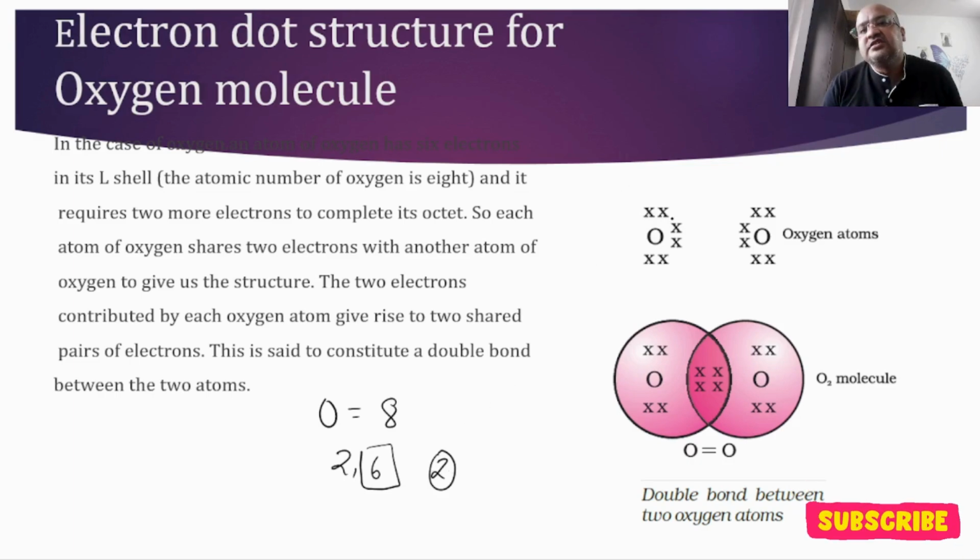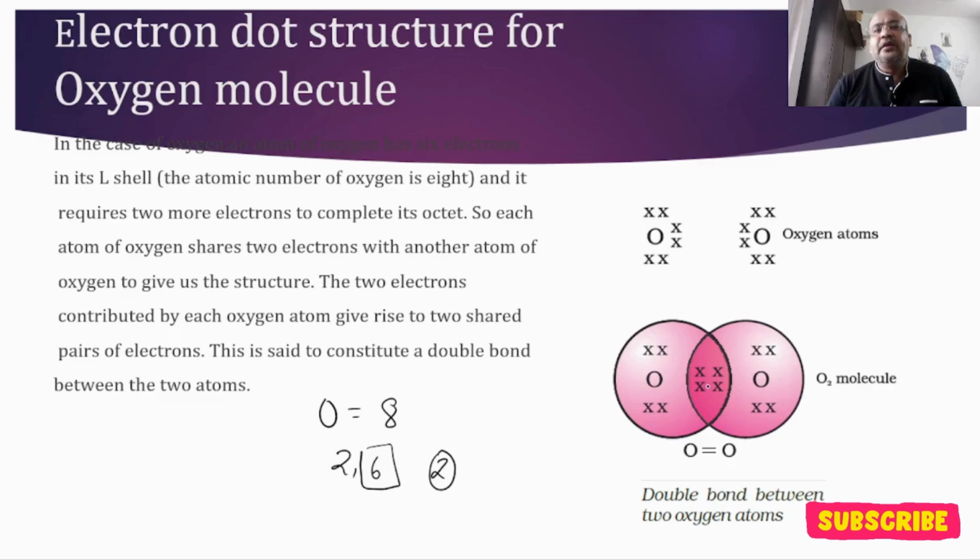So I have written here 6 electrons in the valence shell. What will oxygen do? Oxygen will share its 2 electrons with another atom of oxygen to give an oxygen molecule. So 2 electrons contributed by each oxygen atom give rise to 2 shared pairs of electrons. Here you see how many crosses there are: 4 crosses, so that is 2 pairs.